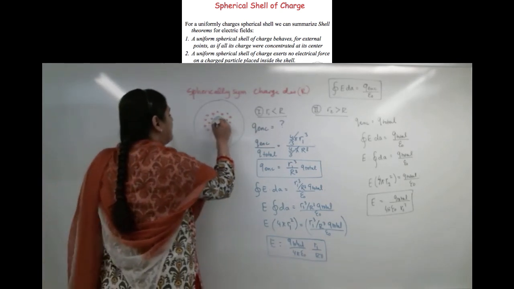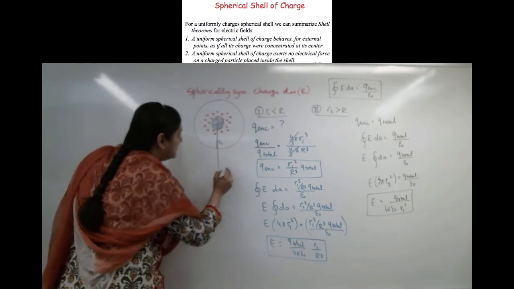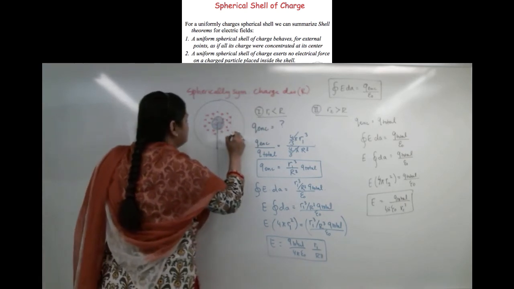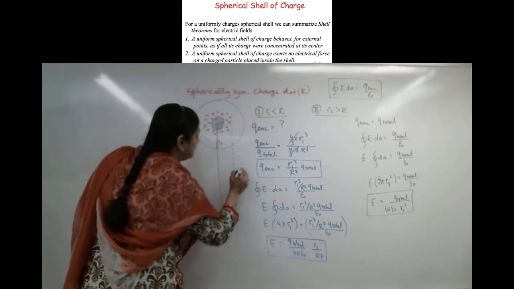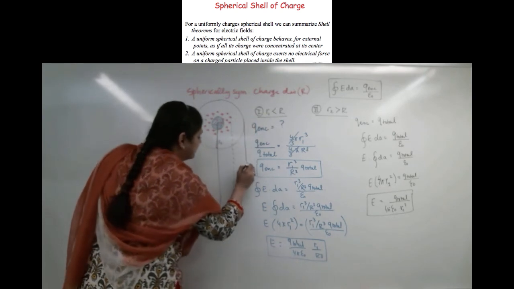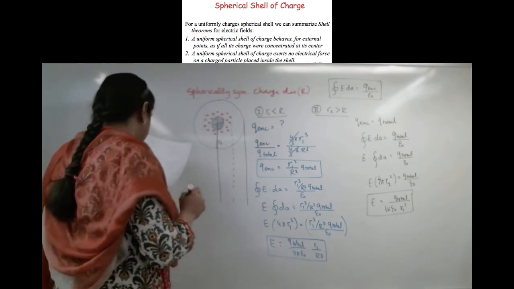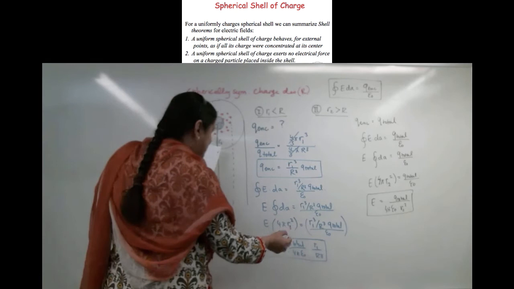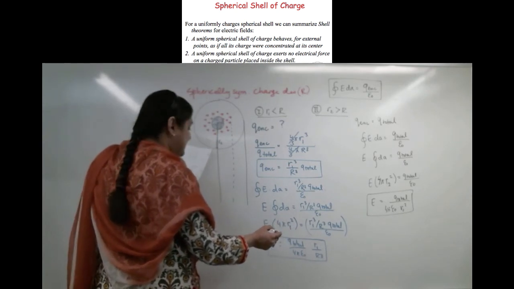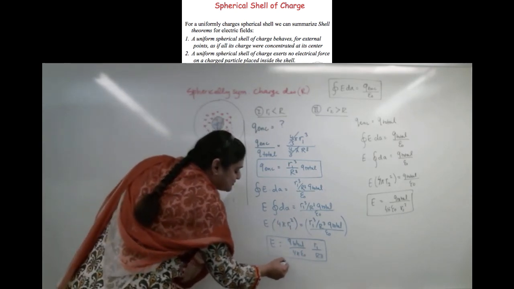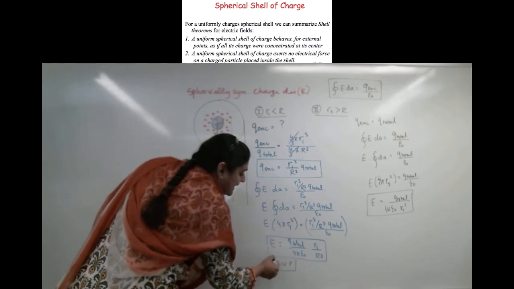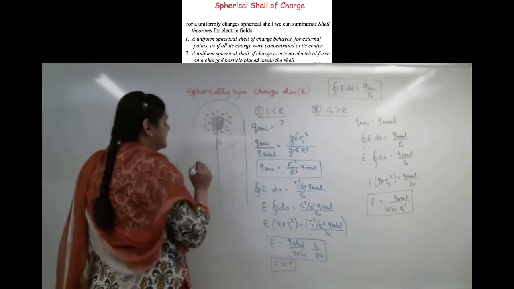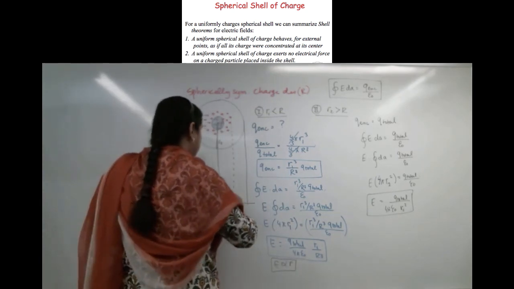So graphically, if you were to plot this, what would it look like? If you were to plot these surfaces, on the inside you can see that E is proportional to r. As little r changes, E goes up.